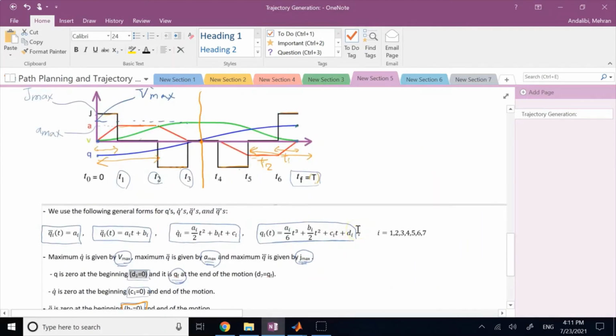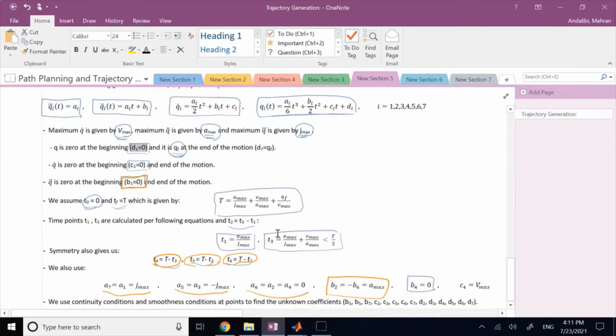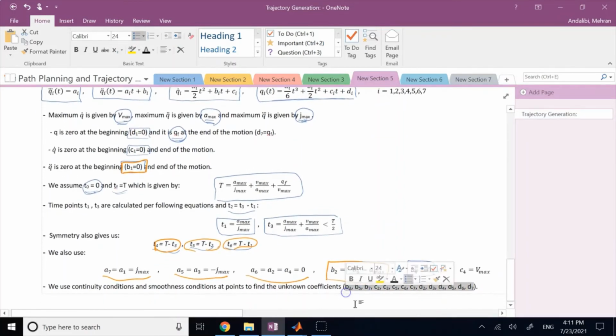So out of these 7 times 4, out of the 28 coefficients that we have, several of them are given here. And the rest of them, which you can see over here, these guys you have to find, which are about 14 of them. Okay, so 14 coefficients you have to find, but it's not at all hard.